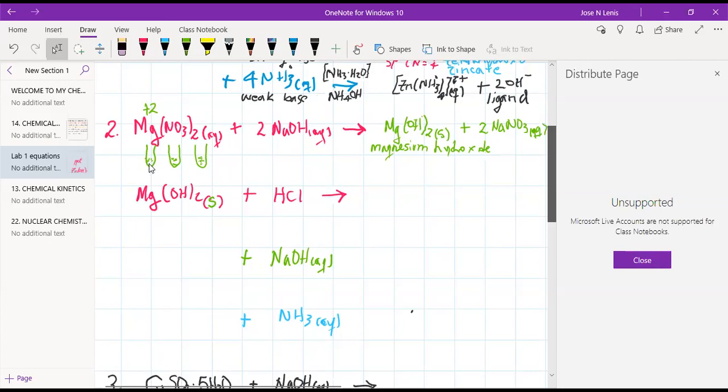Now, to the first tube, we add hydrochloric acid solution, aqueous. So we have hydroxide and a strong acid, so we see the acid-base reaction, and we know the acid-base reaction always forms a salt and water. Do we get that? Yes.